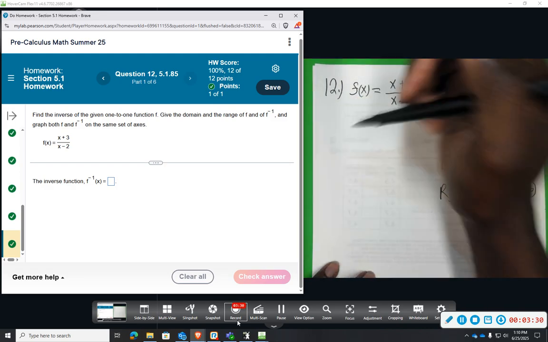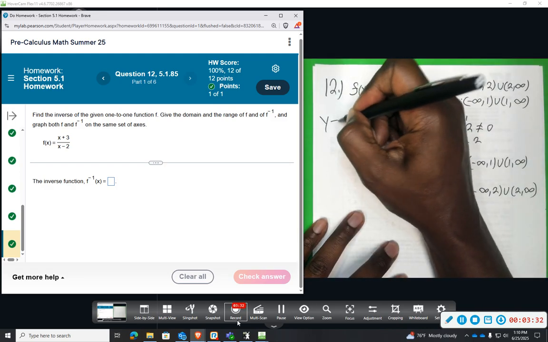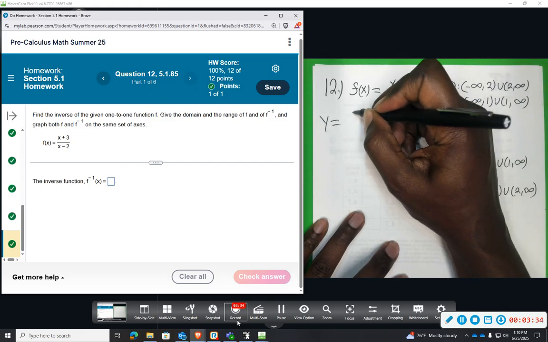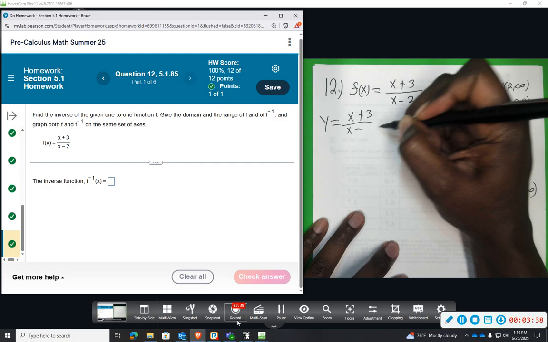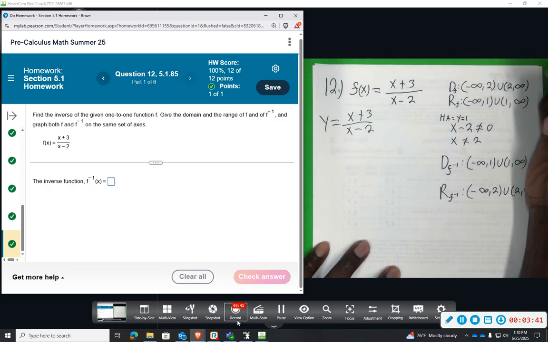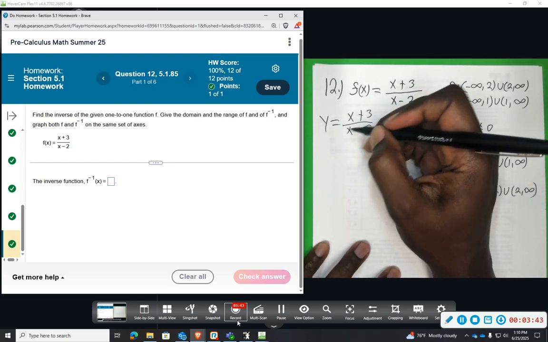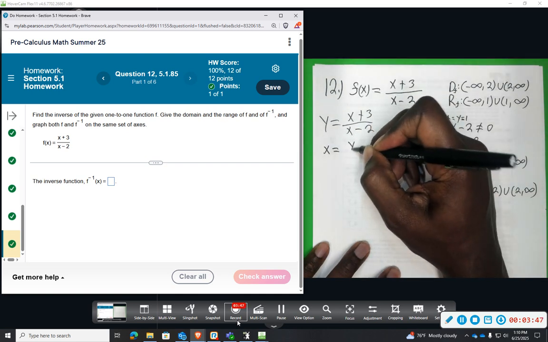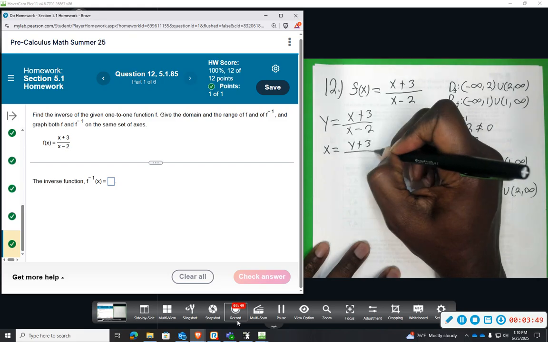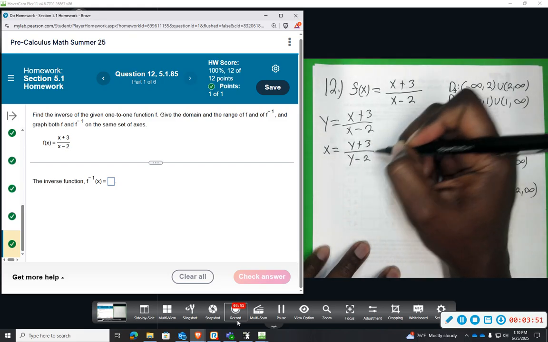So we'll get to see this actually now. All right, so I'm going to replace this with y equals (x plus 3) over (x minus 2). We're going to interchange x and y to find the inverse. So we're going to have x equal (y plus 3) over (y minus 2).